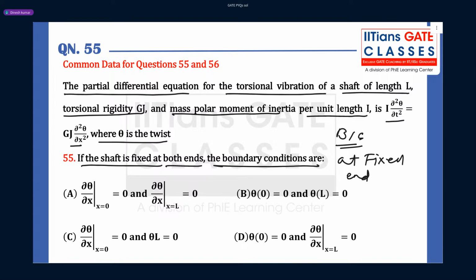In fact, this question was also solved during 2 degree and continuous systems. So tell me, at the fixed end, what is the boundary condition for vibration of a shaft, or a bar or rod, or a string? What boundary condition do we use, guys?